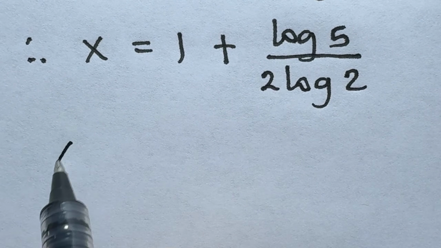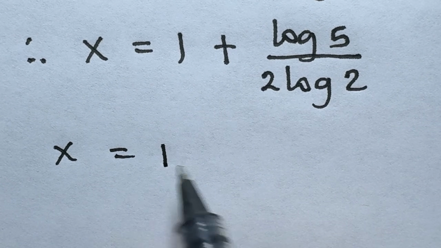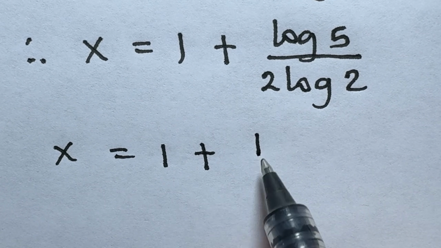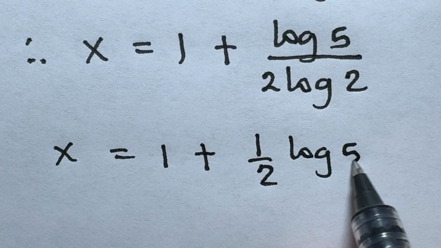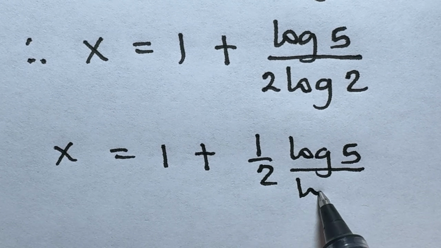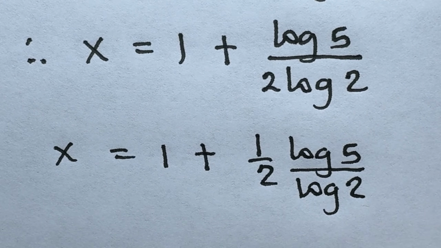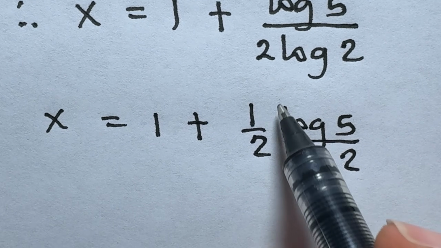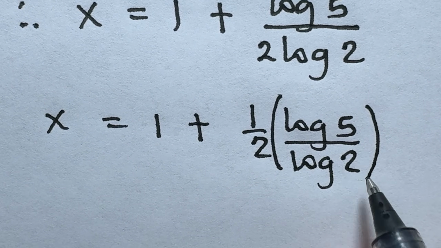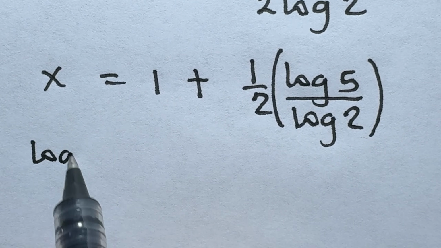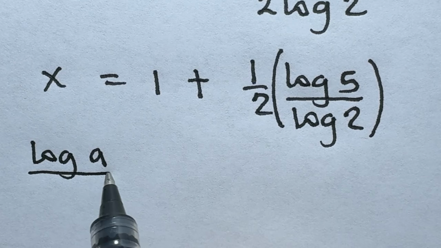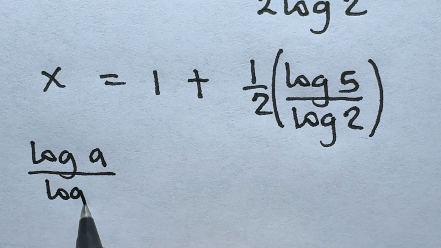Let us rewrite this as x is equal to 1 plus 1 over 2 times log 5 divided by log 2. This is so that we can clearly see log 5 divided by log 2, which is of the form log a divided by log b.